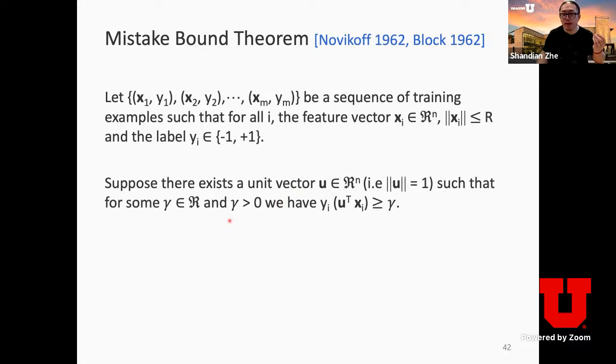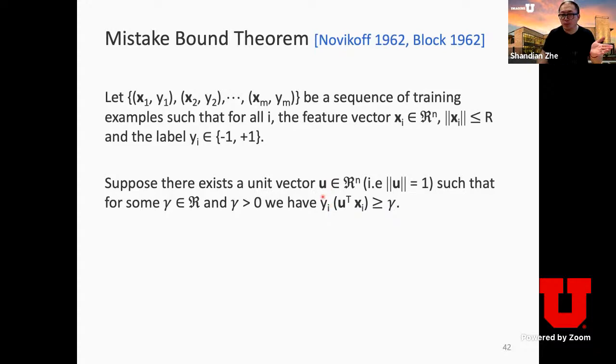So we're saying that there exists some positive threshold gamma such that this product is no less than gamma for every training example, right? And this product, given a unit vector u, represents the distance between xi and the hyperplane determined by u.